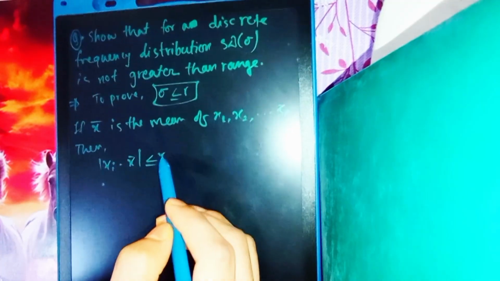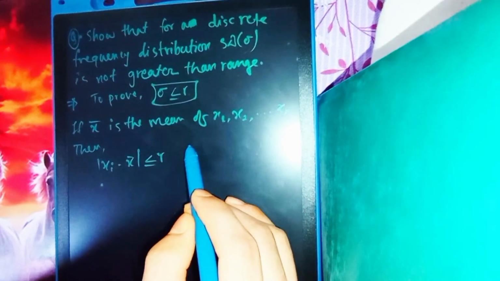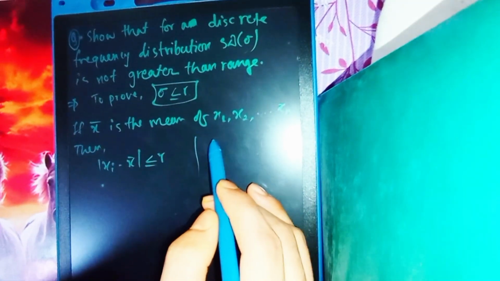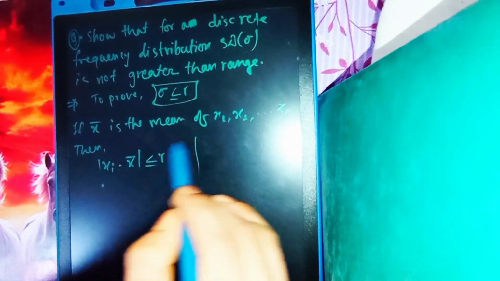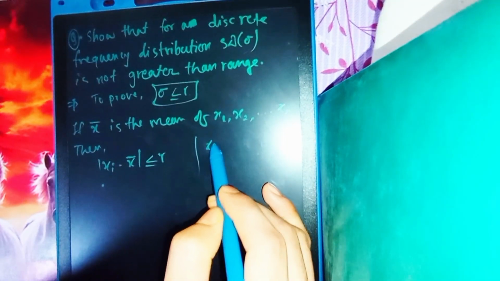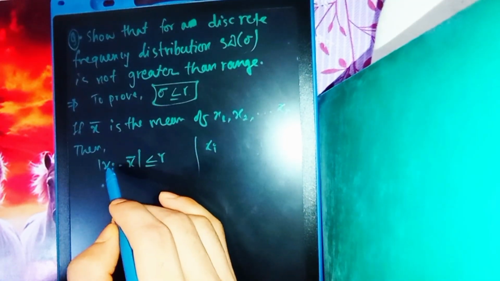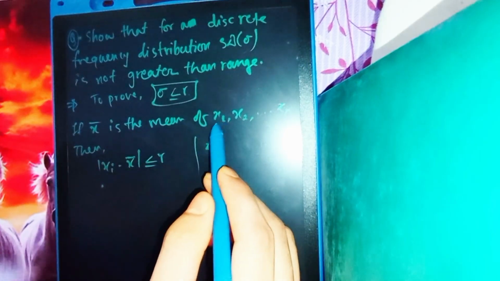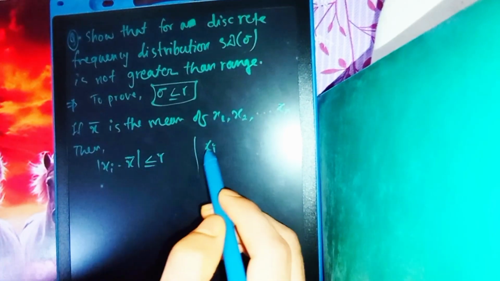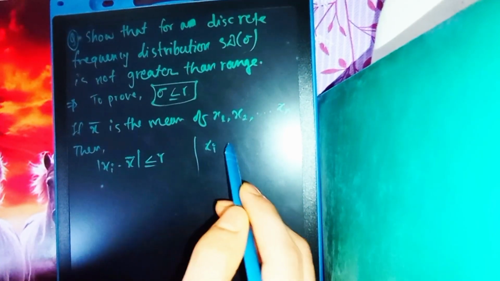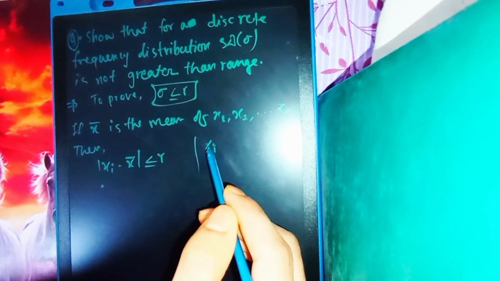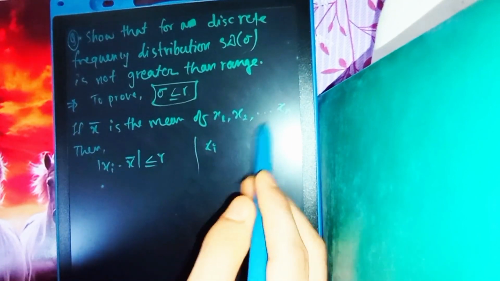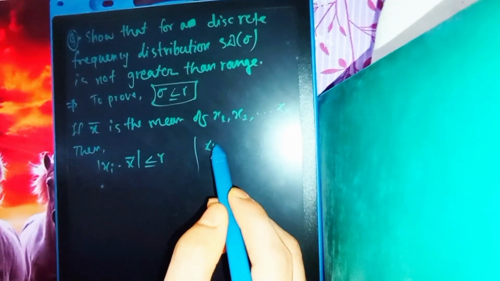I will tell you how the solution comes. We know what the average is. x bar is the average, and xi means the initial term; in our case xi is x1, and xn will be the final value.